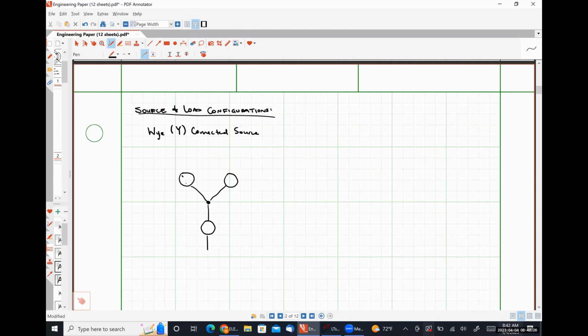Let's call this voltage VAN, this voltage VBN, this voltage VCN, and let's just wire up a simple set of terminals here.